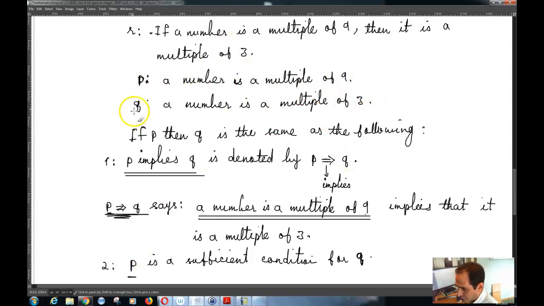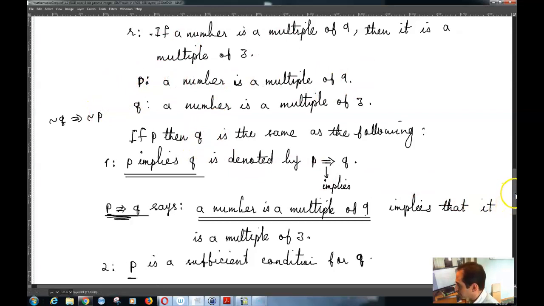So not Q implies not P, meaning that if a number is not a multiple of 3, then it's not going to be a multiple of 9. So that's basically that.